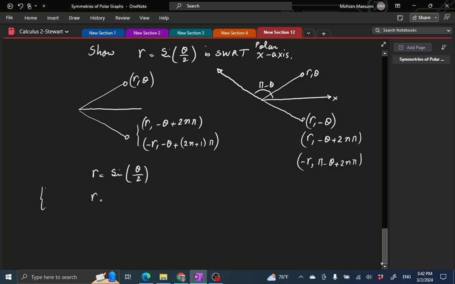So here, instead of r I put r, instead of theta I put, let's start with just minus theta, see what happens. Sine of minus theta over 2 is the same as that. No, it isn't. So what do we say? So this test failed.